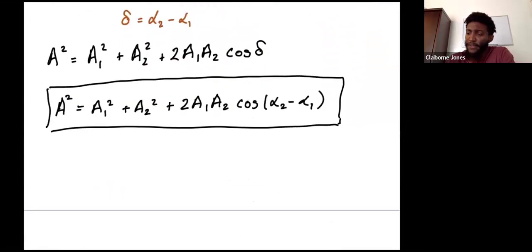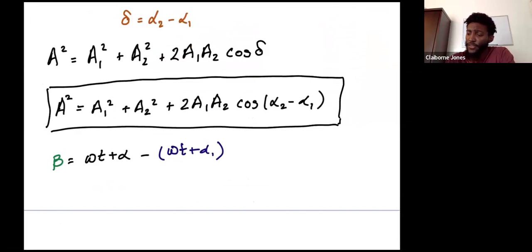So our angle beta is going to equal that omega t plus alpha, minus our omega t plus alpha 1. And what do we end up with?